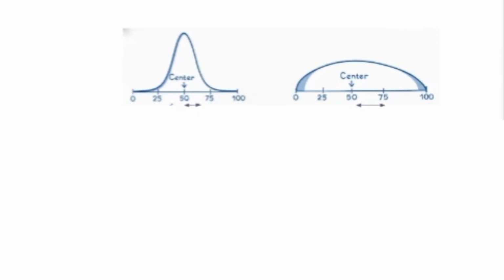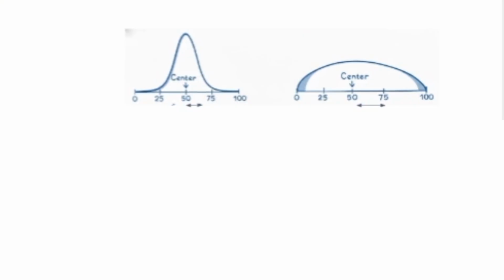You can see that both histograms have the same center of the data, which is 50 in this case. But the second one, the one on the right, is more spread out. There is more area further away from the center. And note that when we say the spread is larger for the one on the right, the range of both data sets is between 0 and 100.